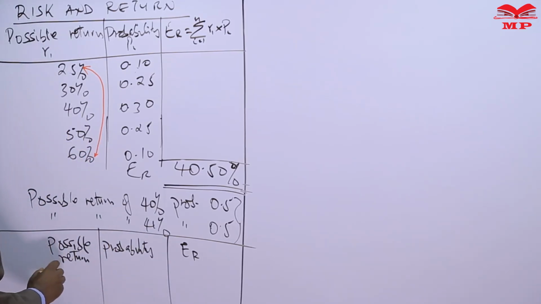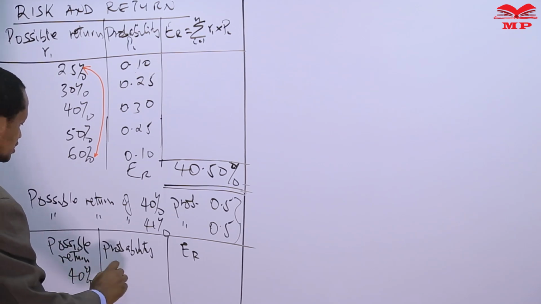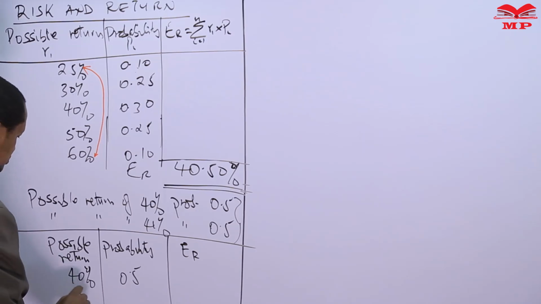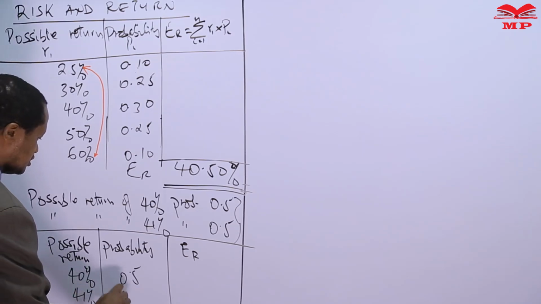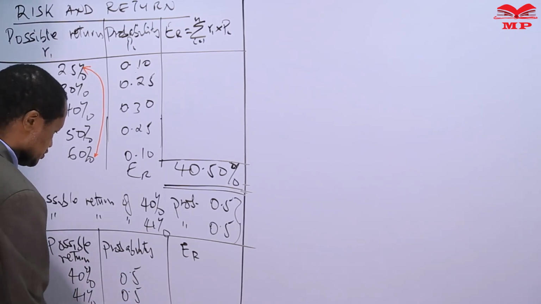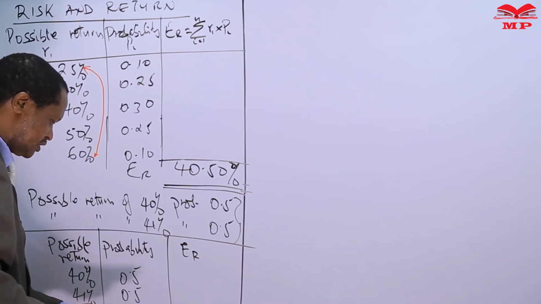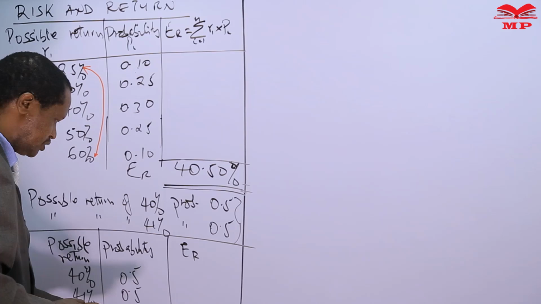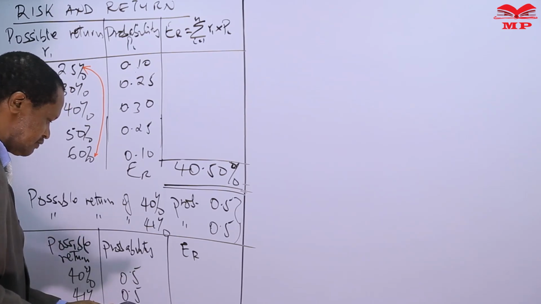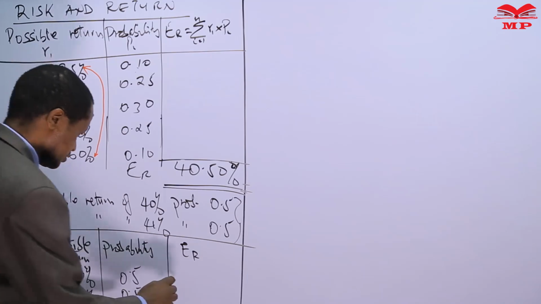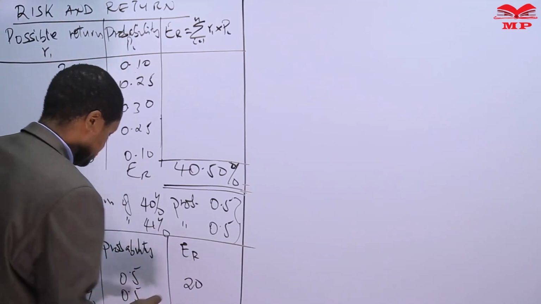The first possible return is 40% at 0.5 probability, then 41% at 0.5. To get the expected return, we have 40% times 0.5, which is equal to 20%.